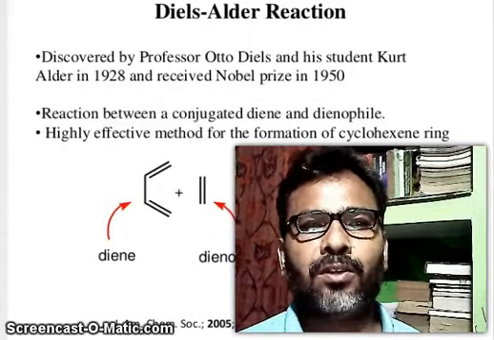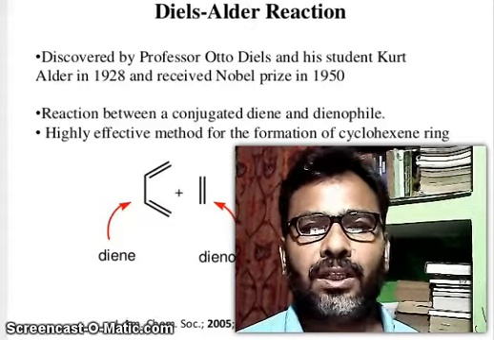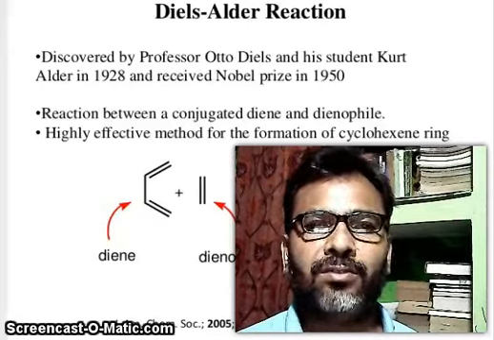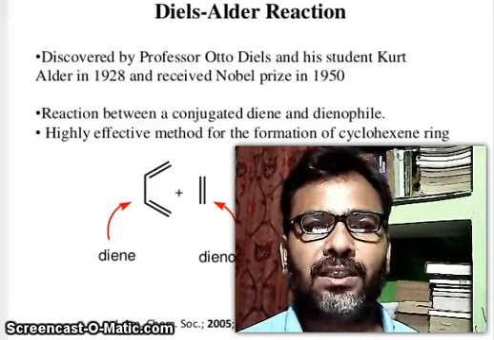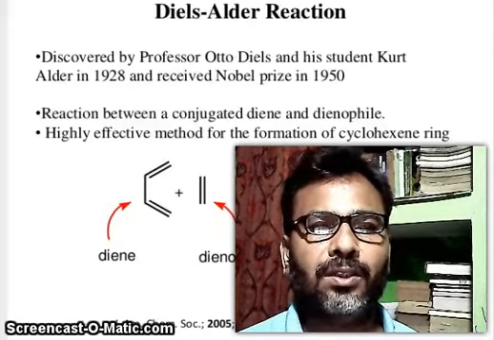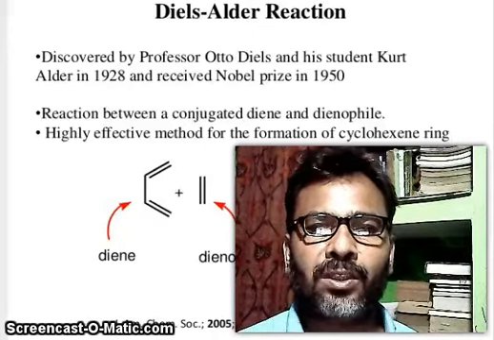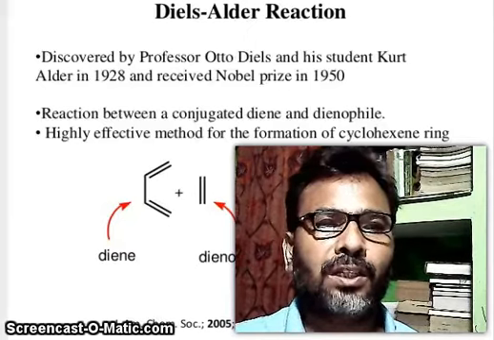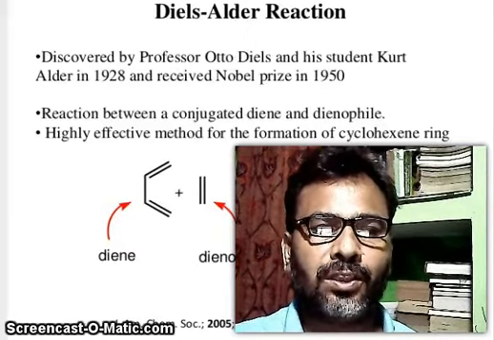Discovered by Professor Otto Diels and his student Kurt Alder in 1928, who received the Nobel Prize in 1950. Reaction between a conjugated diene and a dienophile. Highly effective method for the formation of cyclohexane ring. You see, this is diene and dienophile forming cyclohexane.